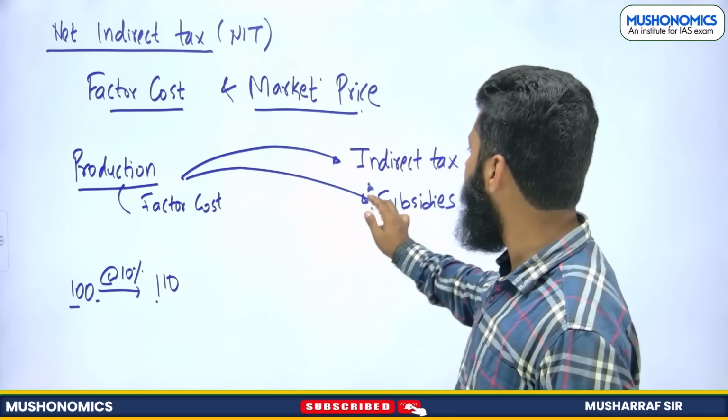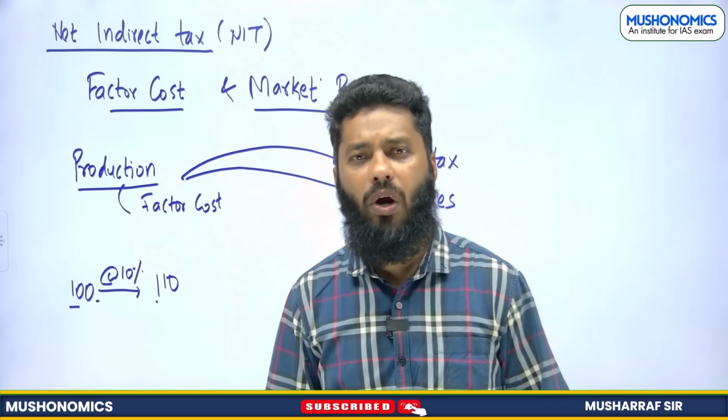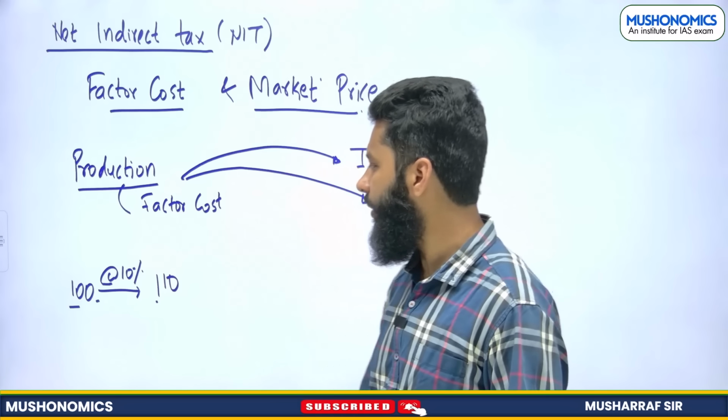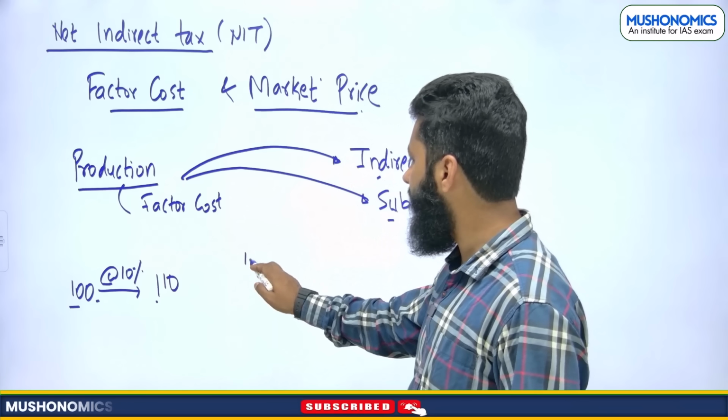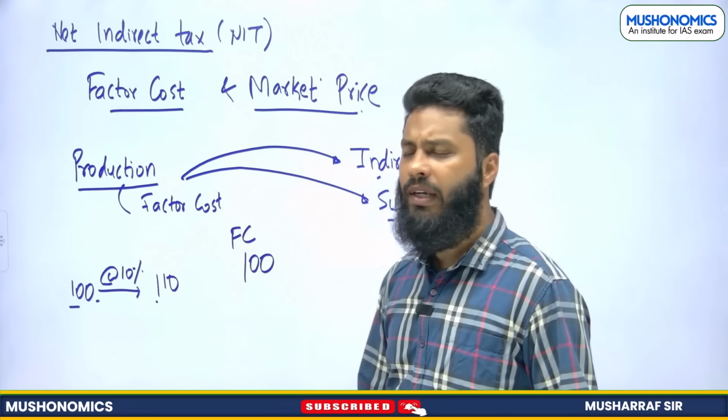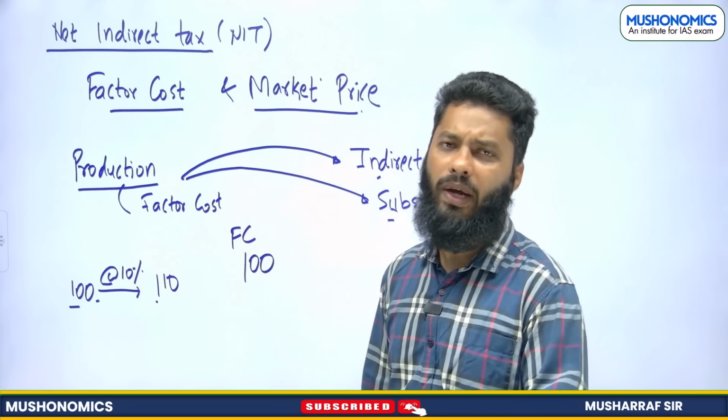So indirect tax and subsidies distort the price of a particular product. For example, if a product's factor cost is 100 rupees, ideally it should be sold at 100 rupees.